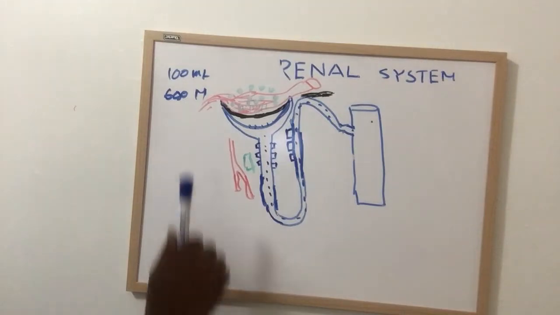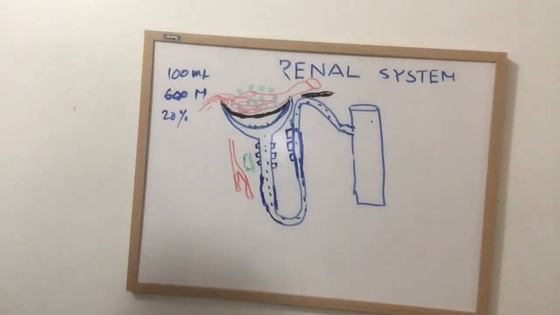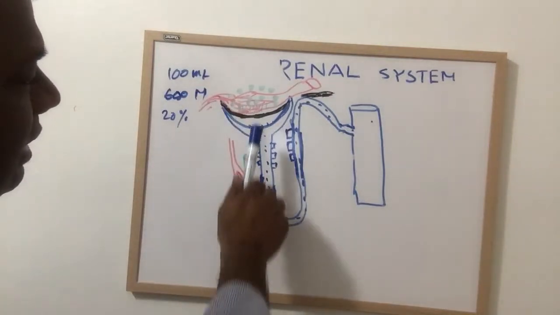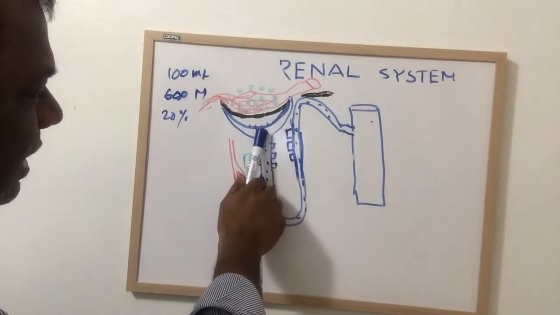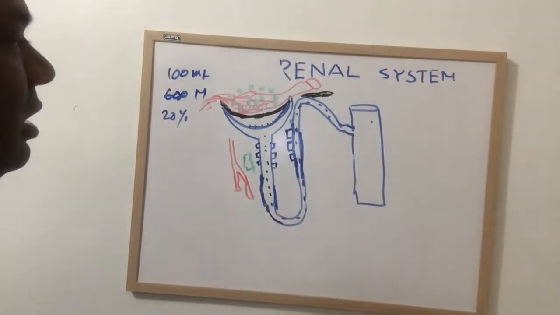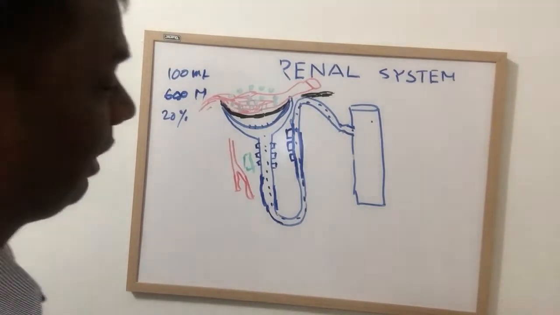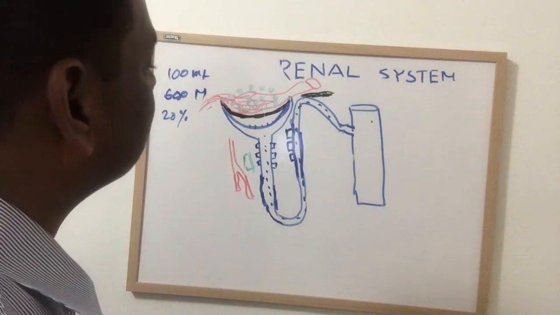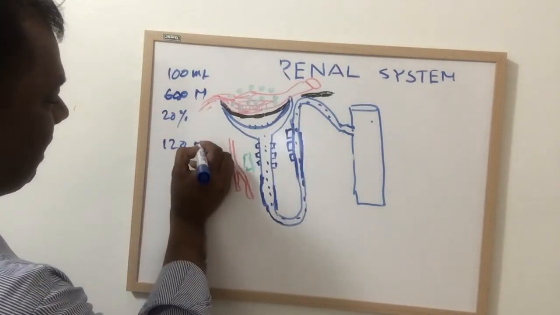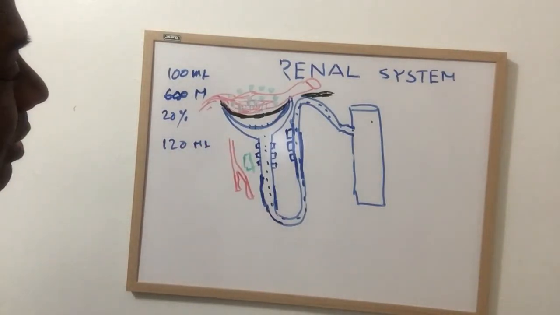Out of that, 20% get filtered. After filtration, 20% gets into the Bowman space and from this area to the renal duct, collecting duct, which is 120 ml per minute.